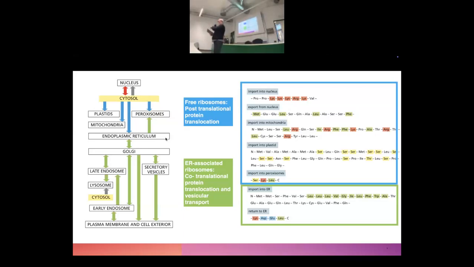Speaking about glycolysis, the enzymes remain in the cytosol, no transportation. Speaking about the Krebs cycle, the citric acid cycle, it takes place in the matrix.